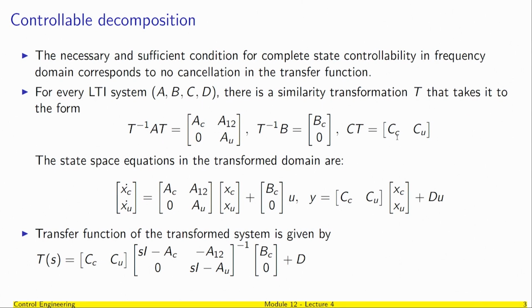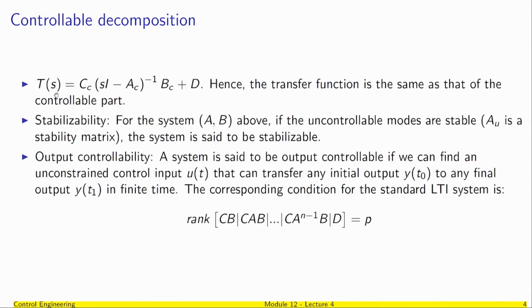So, what is interesting here? I have a system now which is explicitly written in terms of xc, which is the controllable states, and xu, which are the uncontrollable states. What happens to the transfer function of this? Well, I can simply write down the formula for the state space to the transfer function form, C (sI minus A) inverse B plus D. I will skip these computations, but what is interesting to see is that the transfer function will have entries which only correspond to the controllable part.